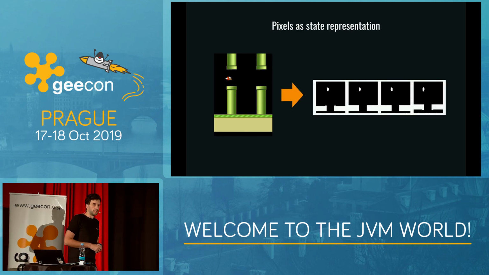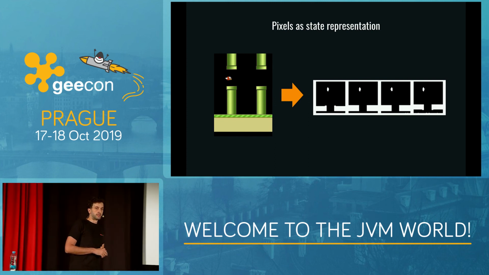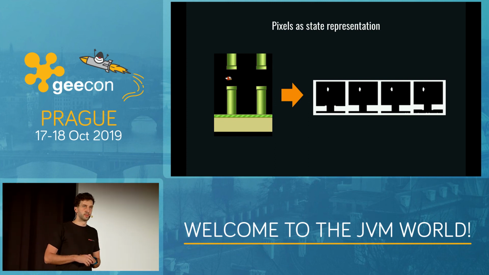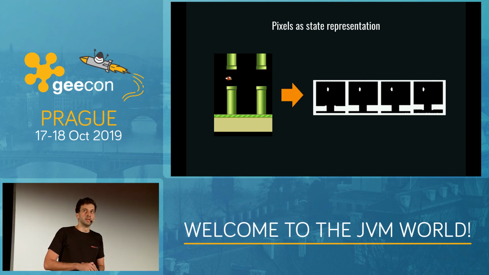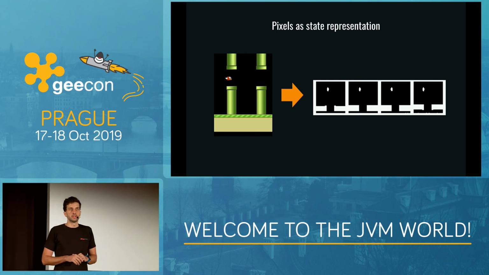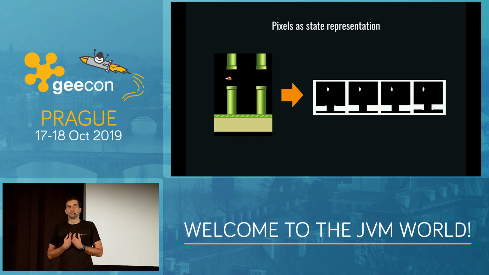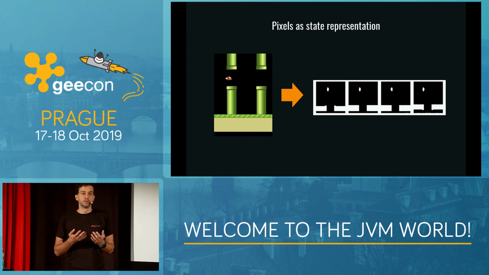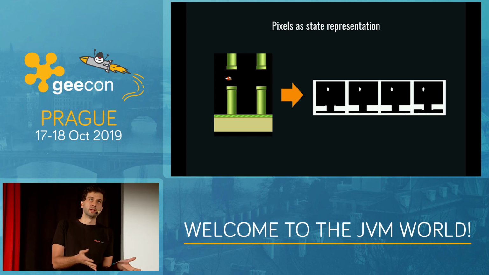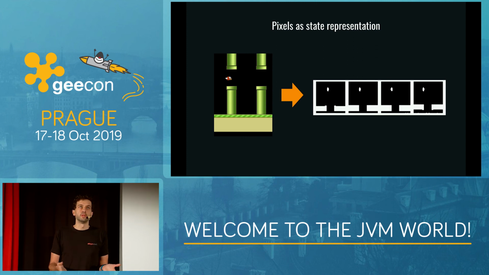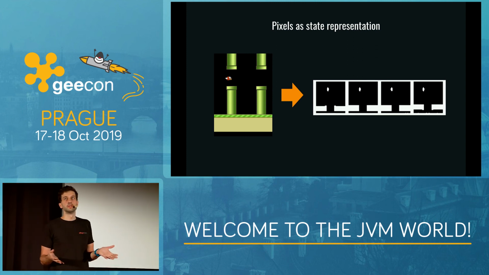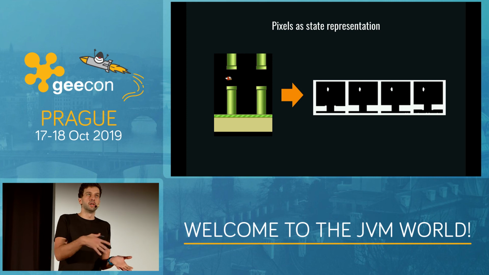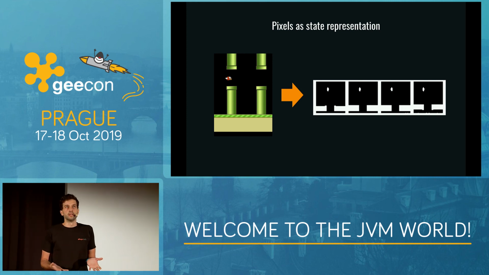What the DeepMind guys did is also a different representation of the game. They took just the same thing as we have while we are playing the game. They took the pixels from the actual frame of the game. It brings a lot of different possibilities, because you don't need to plug into every game which you want to train an agent for.